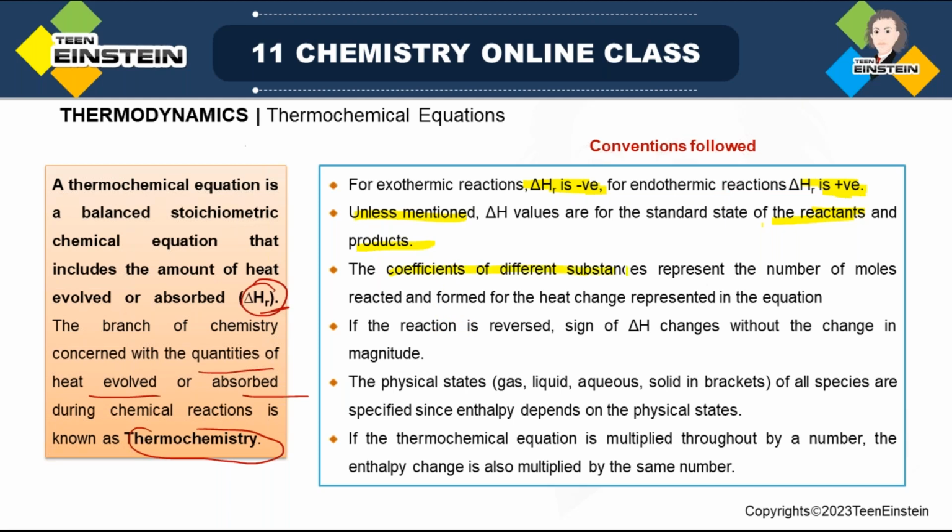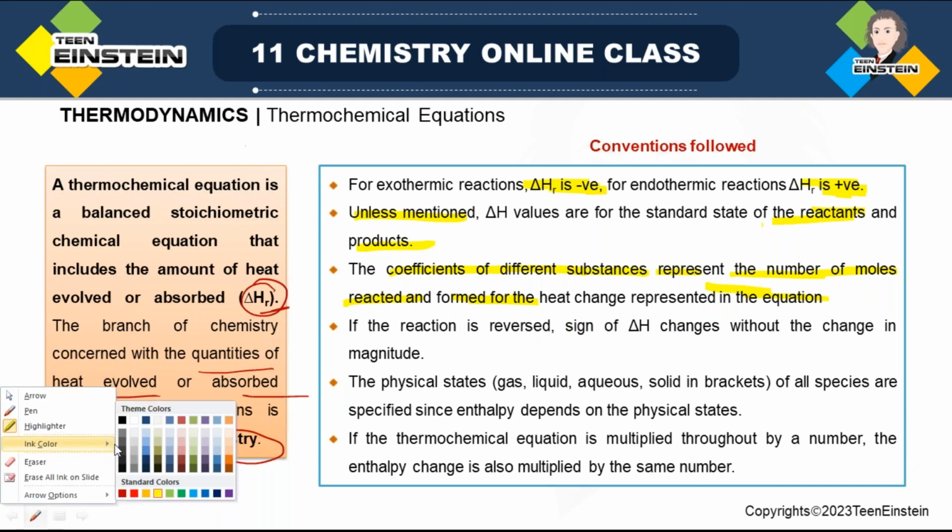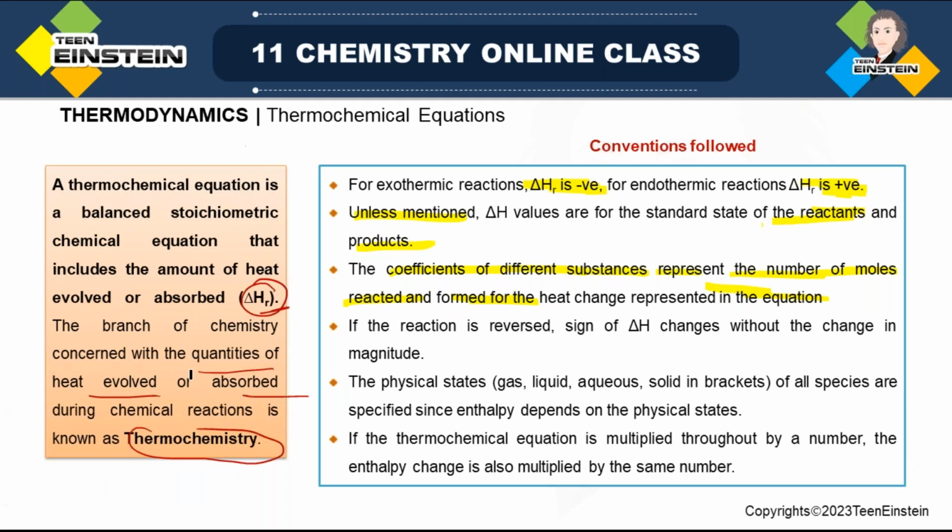Next, the coefficients of different substances represent the number of moles of reactants reacted and products formed for the heat change represented in the equation. So in any equation, coefficients are mentioned.